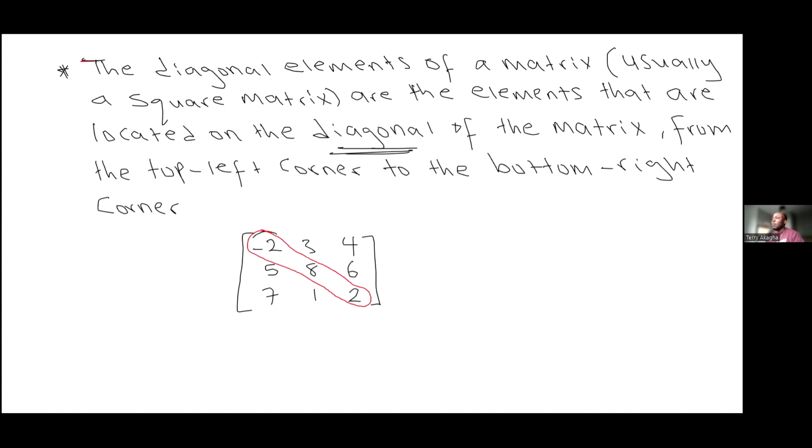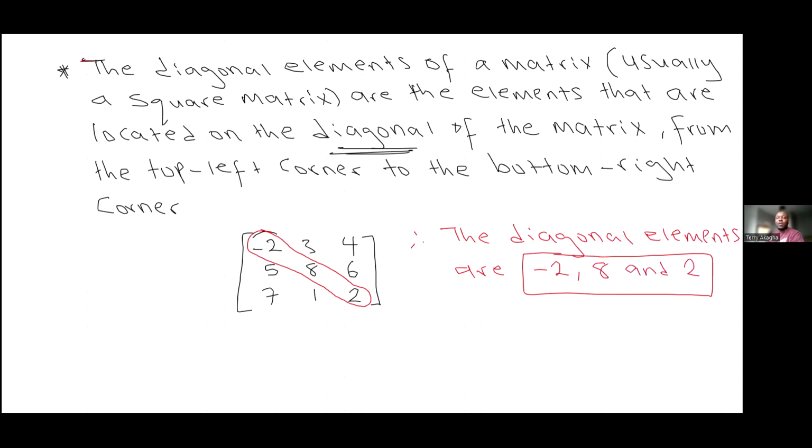So the diagonal elements in this example will be -2, 8, and 2. So all the numbers in that diagonal are called the diagonal elements.